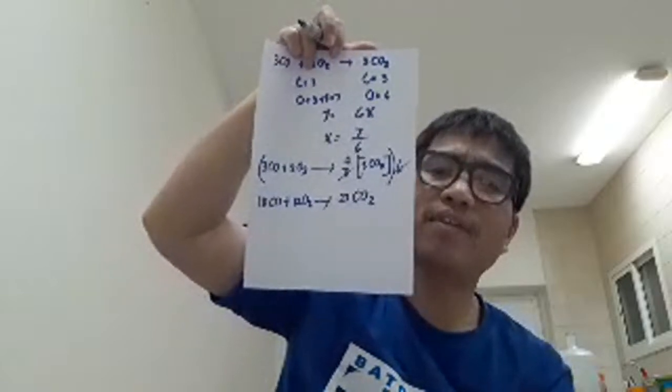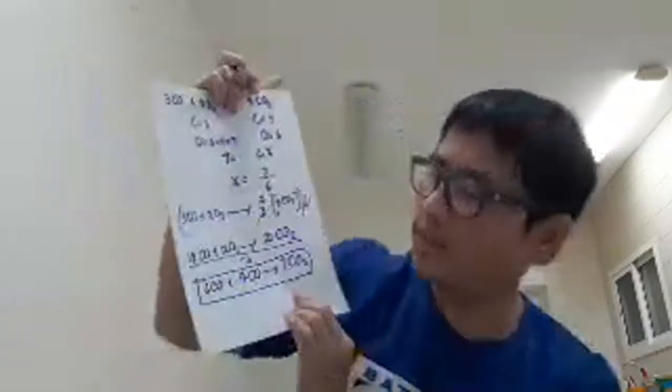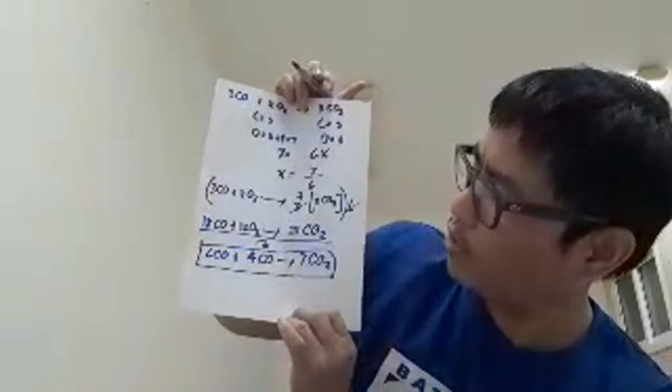Let's say 3. So divided by 3 is 6CO, 4O2, 7CO2. So this is our final equation. 6CO plus 4O2 is for 7CO2.